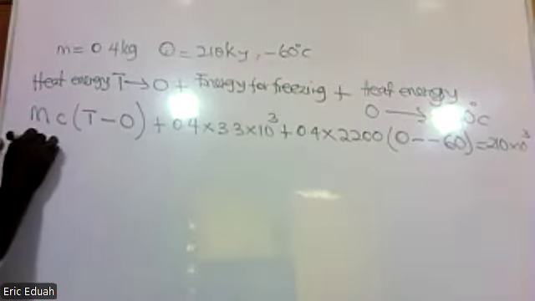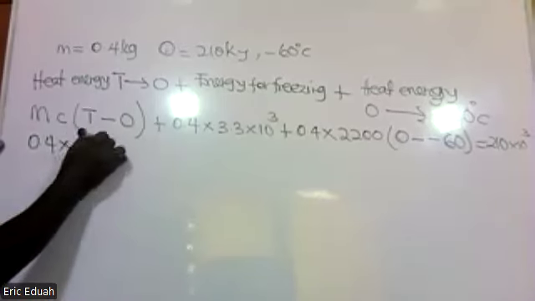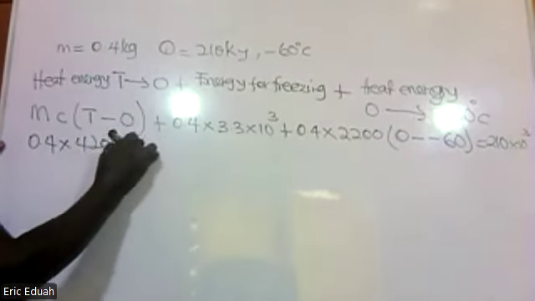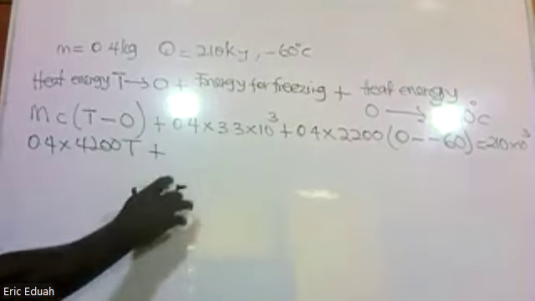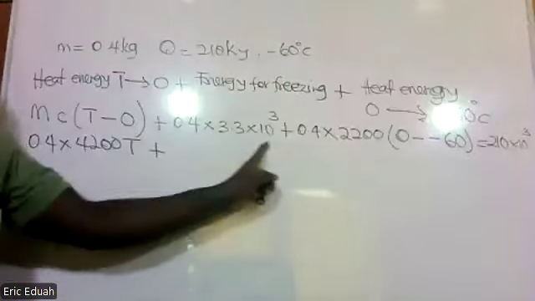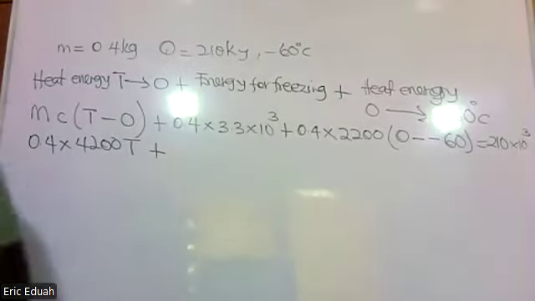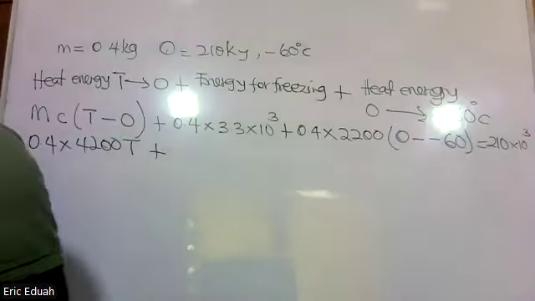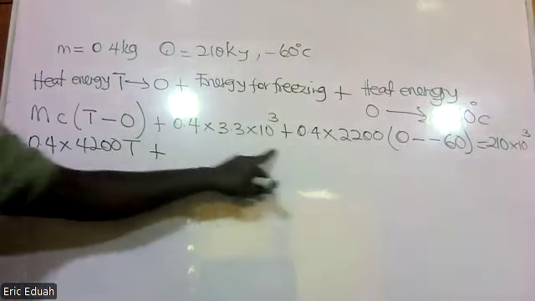So 0.4 times 4,200 T plus, when you multiply this, let's quickly go through the multiplication. Multiply this by this for me.